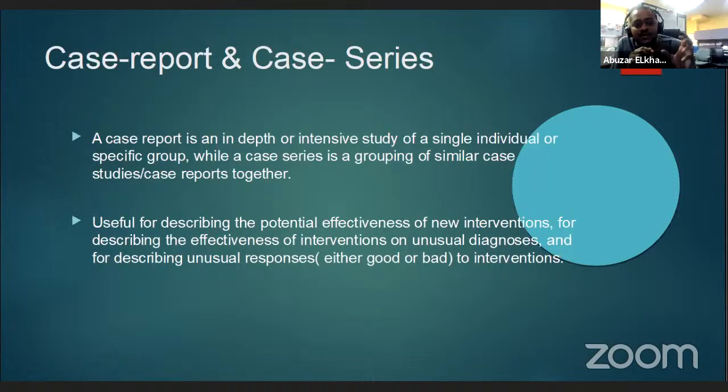So a case report is just a single individual or specific group study. And if we're grouping these single individuals or specific groups together, we call it a case series study.